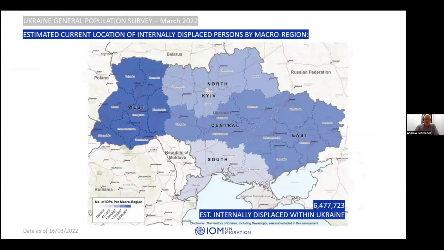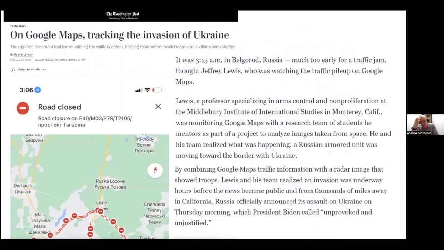And we've been seeing some issues early on with questions around application of mobility data in highly sensitive ways within the space of the war itself.